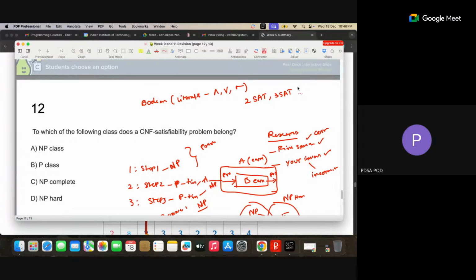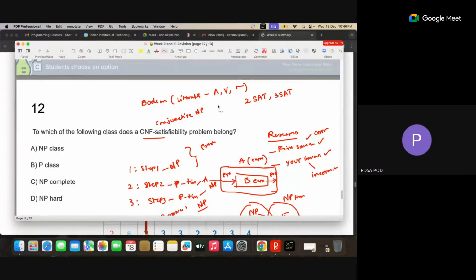Whenever a clause is given, it contains different literals. We try to combine the clauses with Boolean values, true and false. So here you can check: which of the following classes does the CNF satisfiability problem belong to?